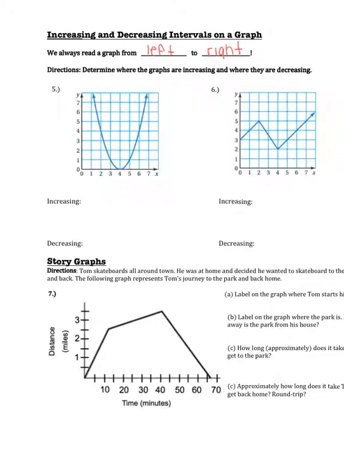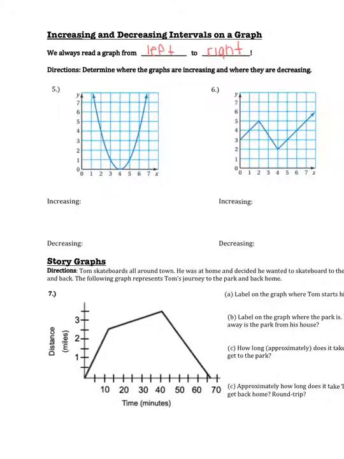So looking at number 5, when I'm looking at this graph, I'm reading it from here to there. Now, notice how this has an arrow. So that means it goes on forever. That's important to know. And then I see it's decreasing up until it hits 4.